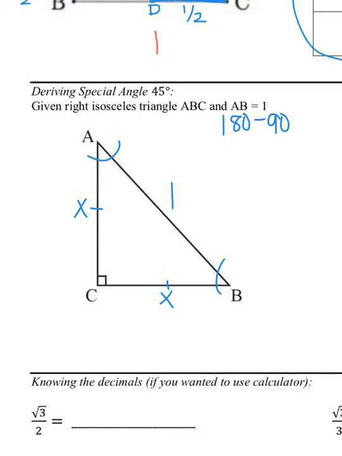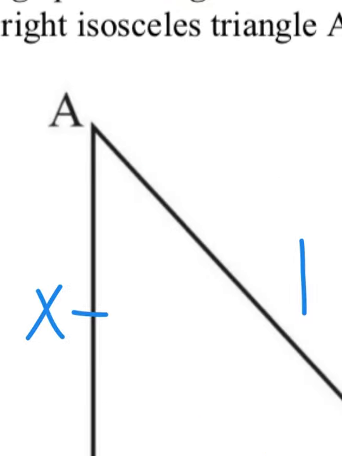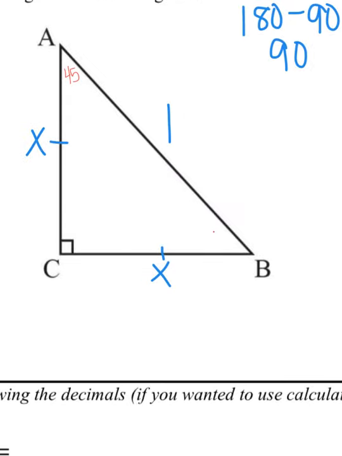So you have an extra 90 degrees between angle A and angle B. Because they have to be the same, you would do 90 divided by 2, and you would get that each of these angles are 45 degrees. This is 45, and this is 45 down here. Okay, and now for the missing sides.